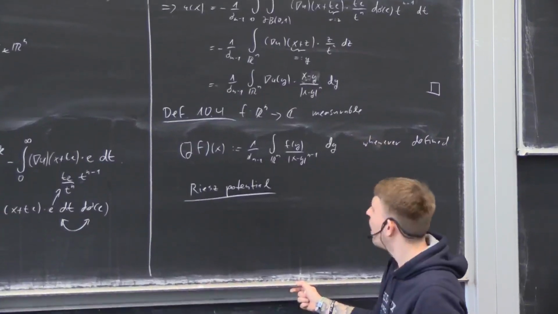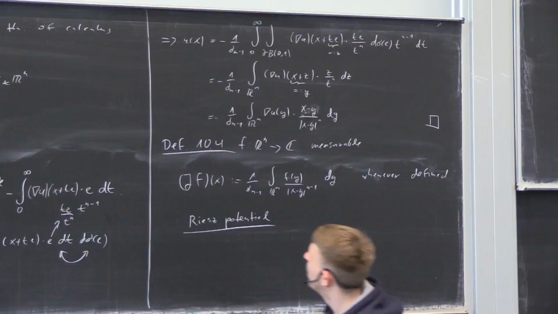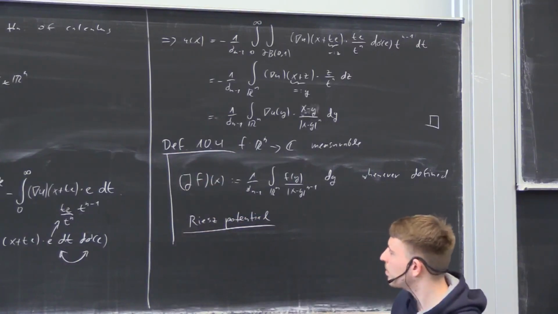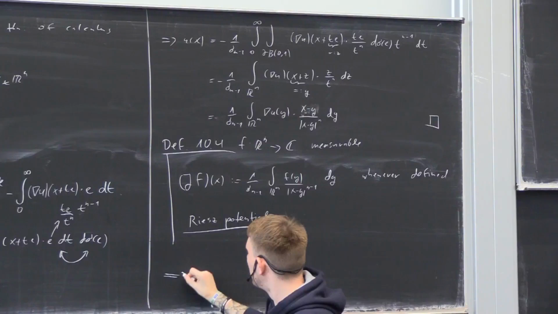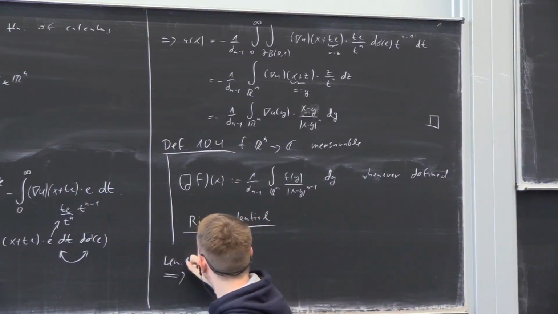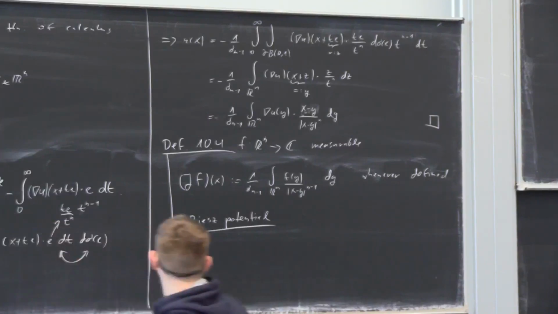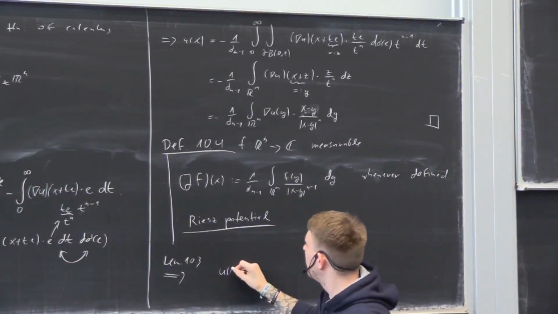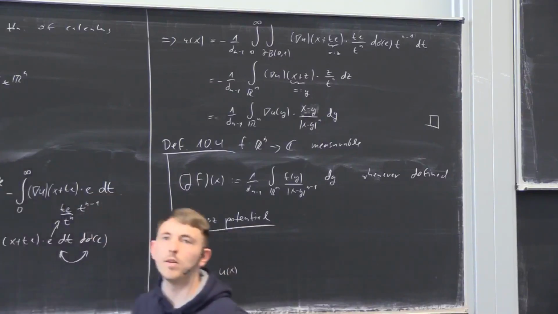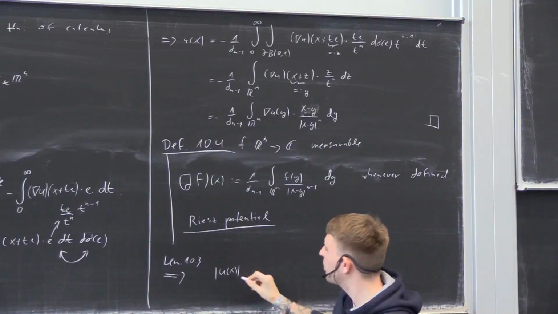So how is this related to the representation formula that we had before? I make here such lines so that you see that the definition is finished. We get from Lemma 10.3, the lemma that we had here, we can take u of x from this class of C_c infinity functions, and apply absolute value.